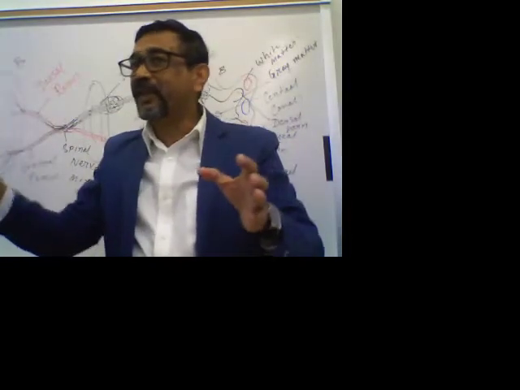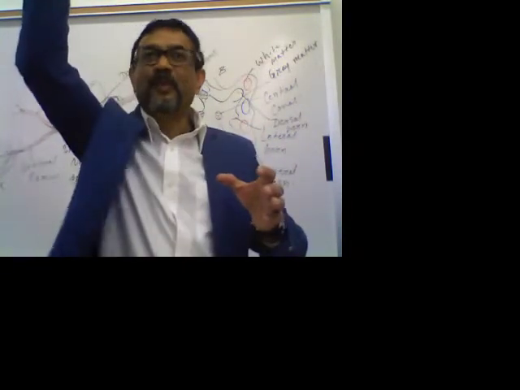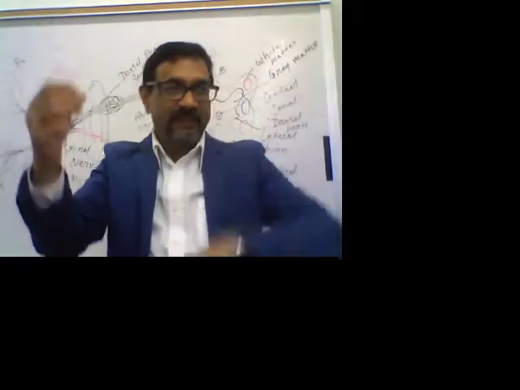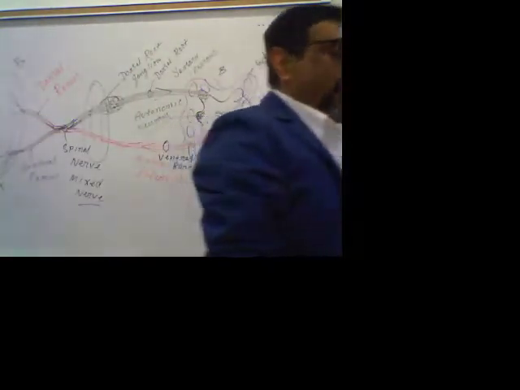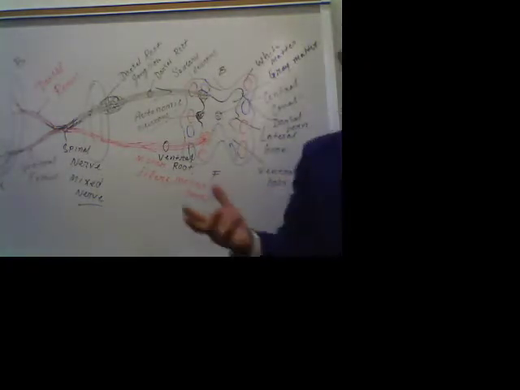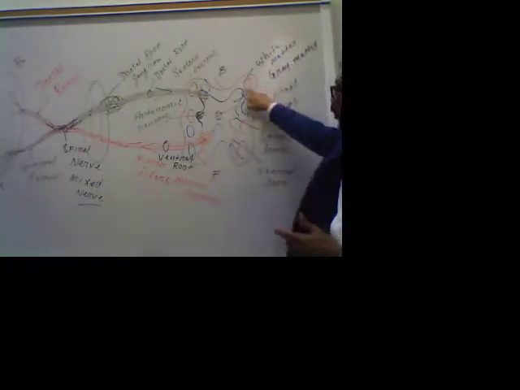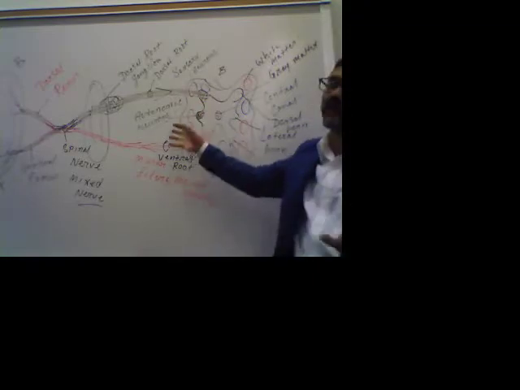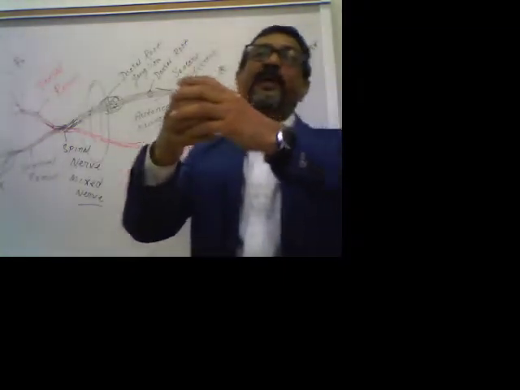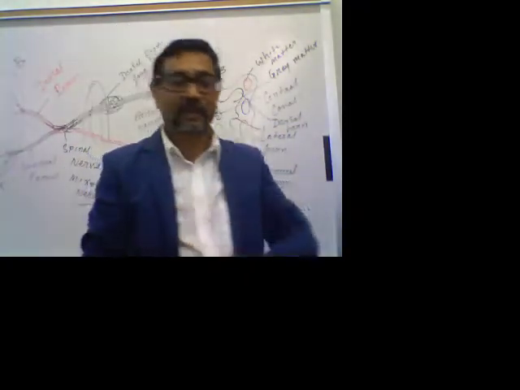So which one is sensory? Towards, right? Sensory, going towards. Motor is downwards. So that's why you have two types of tracts. Where? In the white matter of the spinal cord, because white matter is formed by the fibers, myelinated fibers, you know that.